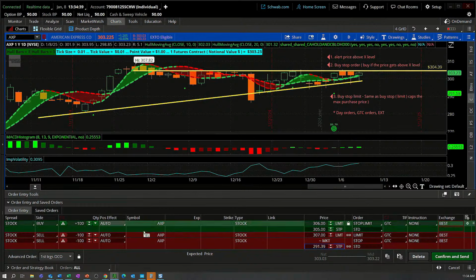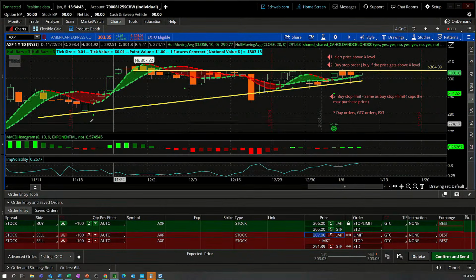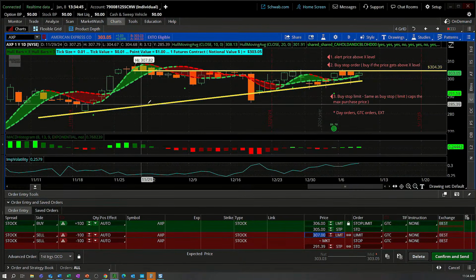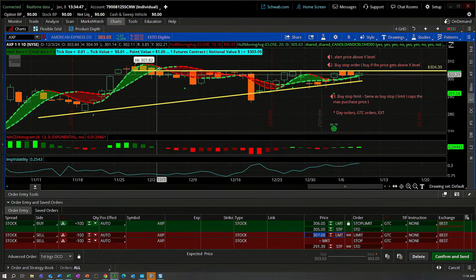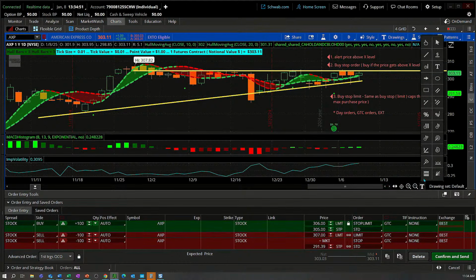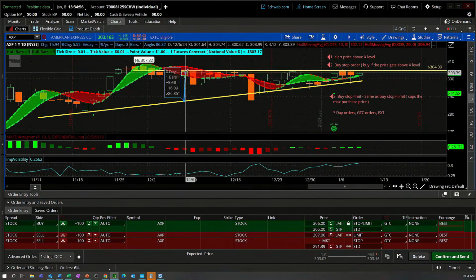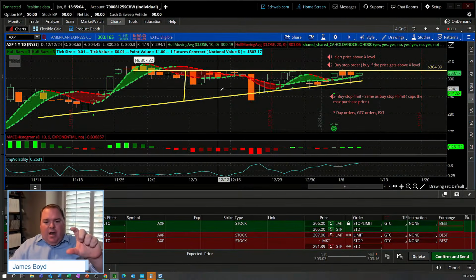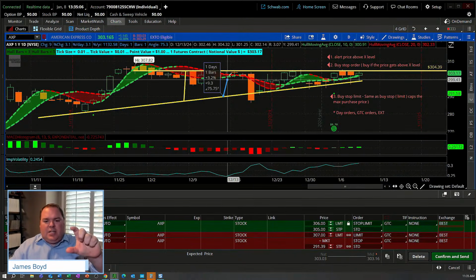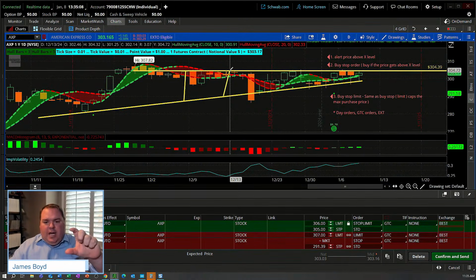Now, I'm also going to put a target here. You're going to notice we have this channel, the diagonal line and a horizontal line. What some investors will do is measure the distance between the diagonal and the horizontal, okay? If we were to break out, this distance there is about $17. If I did this distance right here, it's about $14.